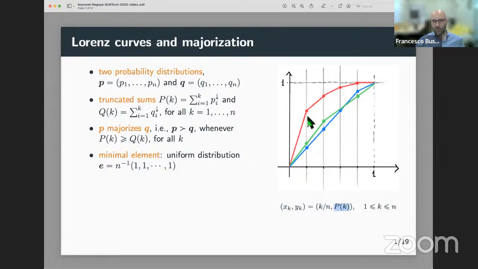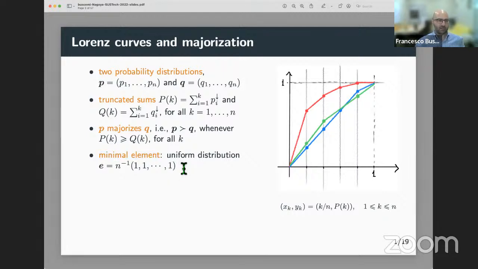You see that all of them will start from 0,0 and end in 1,1, but some of them will be more curved than others. So, for example, you understand very easily that the minimal element of this preorder is the uniform distribution, which corresponds to the perfectly straight line that joins 0,0 with 1,1. So a 45 degrees line, right?